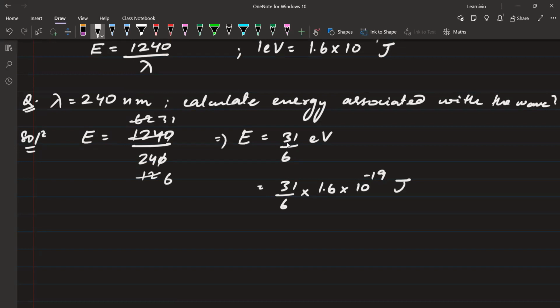After approximations, देखिए minus 19, so this minus 19 is very much important. 31 को अप्रोक्सीमेटली 30 आप लोग एज्यूम कर सकते हैं. So this will be approximately, चलिए ठीक है, बताते हैं आपको. ऐसा लिख सकते हैं 31/6 into 16 into 10 to the power minus 20 joules. My bad, this is 31.